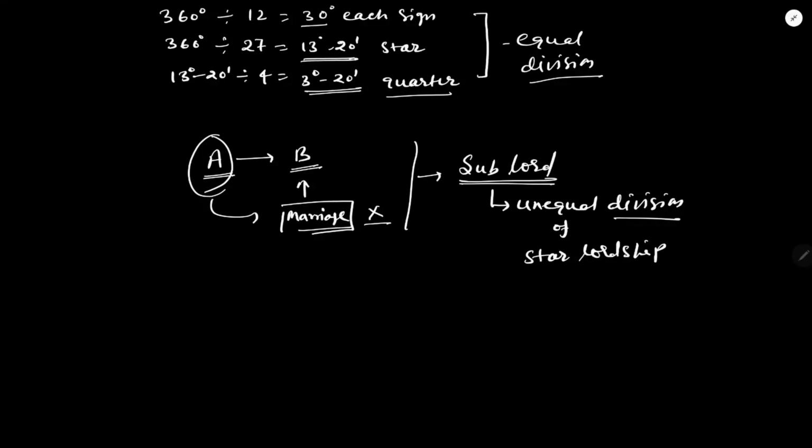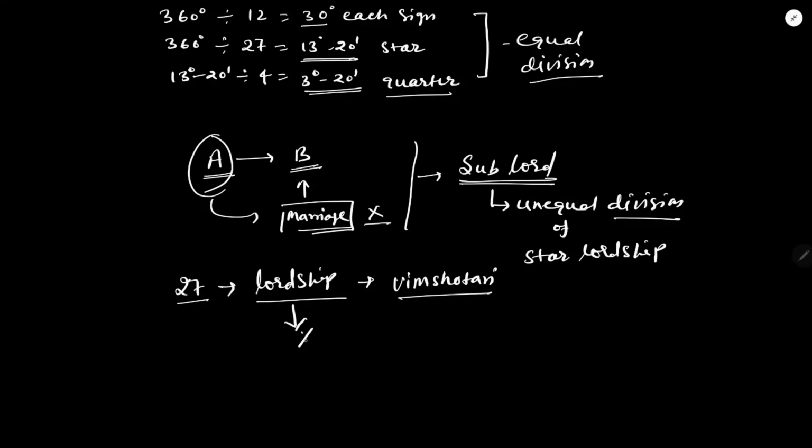What does it mean? We see that these 27 stars were assigned some lordship, and the order of the lordship was based on the Vimshottari Dasha, right?